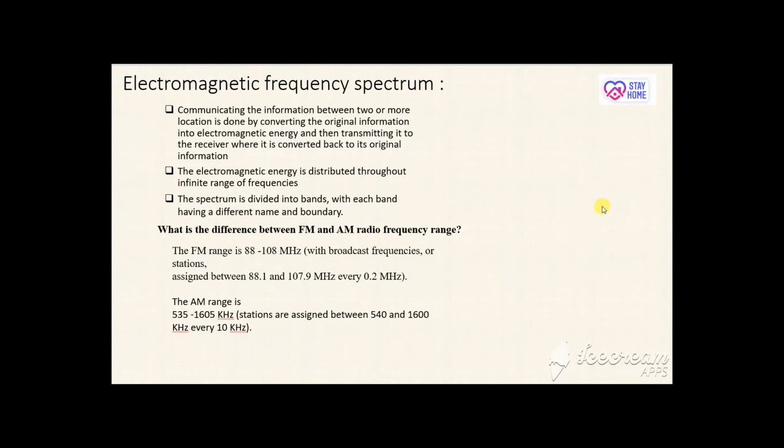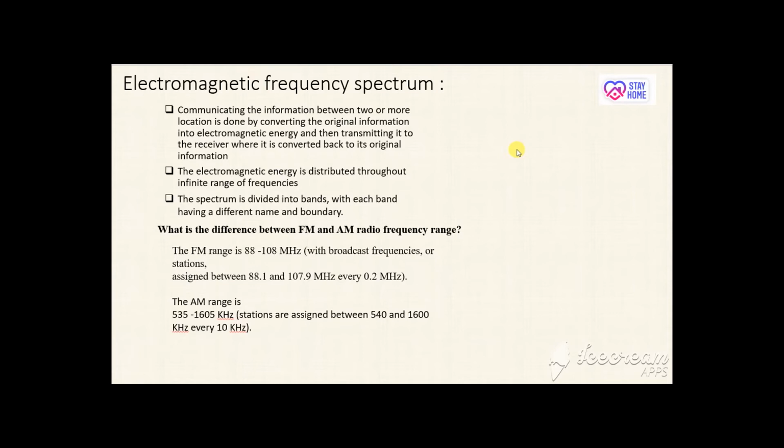Before the receiver gets the information, the device converts it back to the original information. The electromagnetic energy is distributed throughout an infinite range of frequencies. The spectrum is divided into bands, with each band having a different name and boundary.